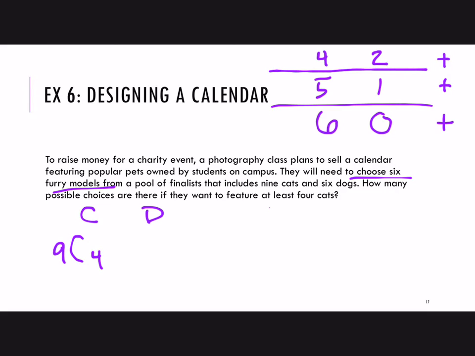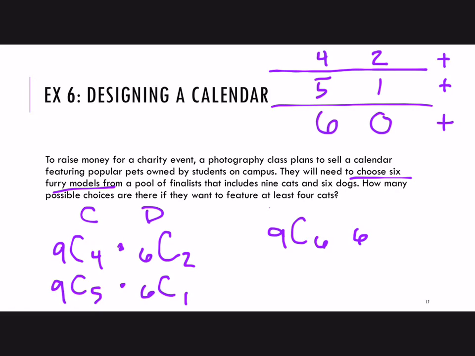And then dogs, we have 6 dogs, and we want to choose 2. All right, so that's case 1, and then we'll multiply to find the number of options. In the second case, it's 9, choose 5, and then dogs is 6, choose 1. All right, and then in the third case, it's 9 cats, choose 6, and even though we have 6 dogs, we're not choosing any of them, 6, choose 0.